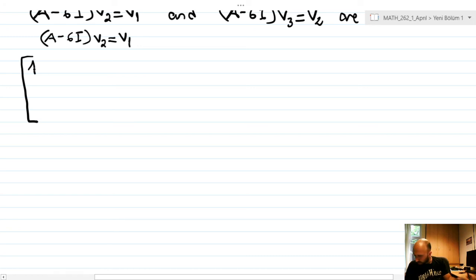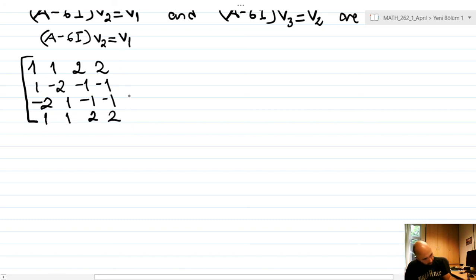Just write the matrix A minus 6I, and on the right, for this moment, let's write the most general eigenvector, and we'll see what conditions are imposed in a minute.